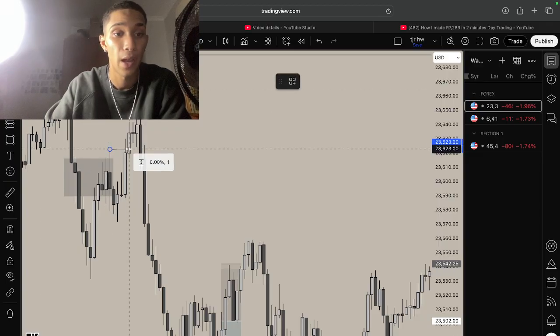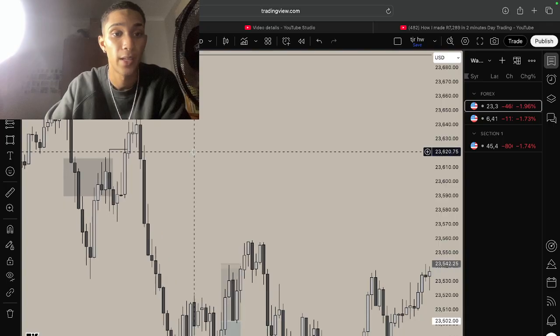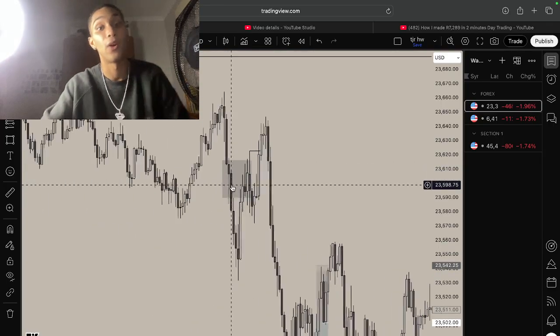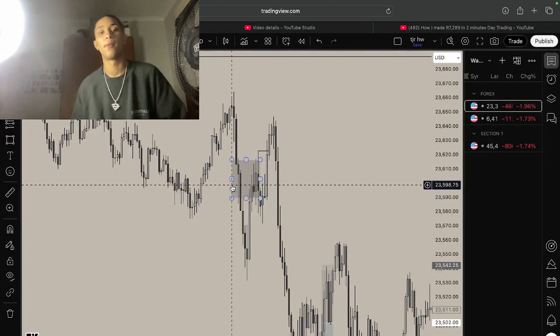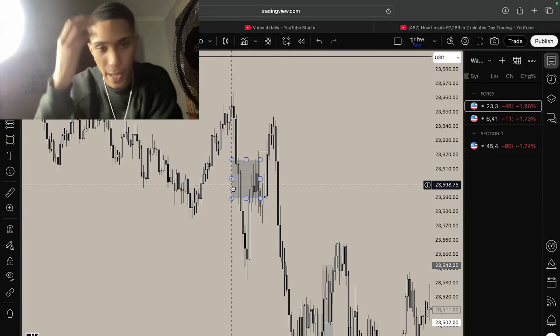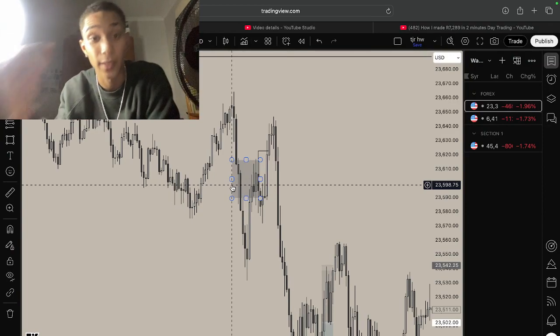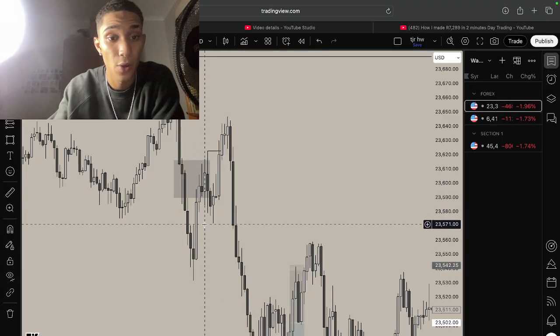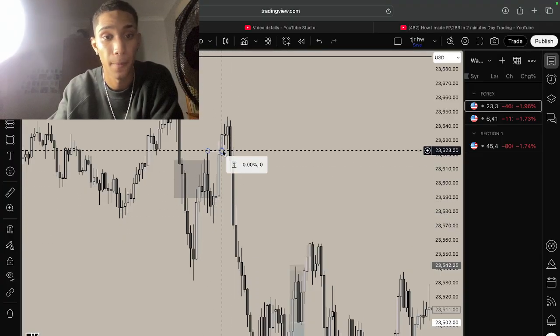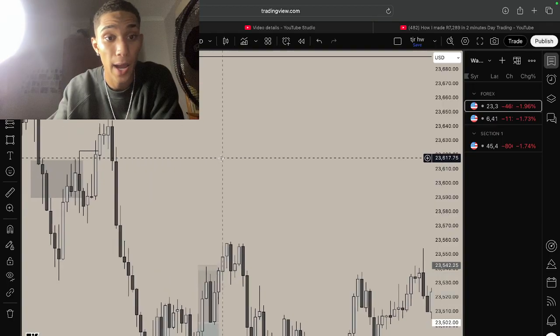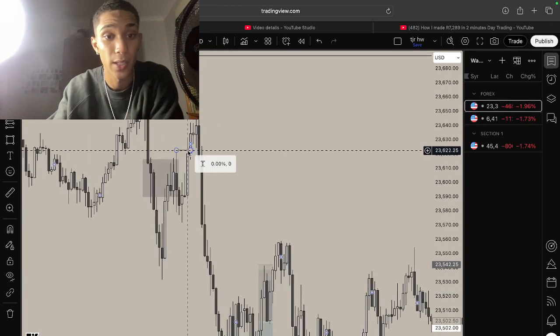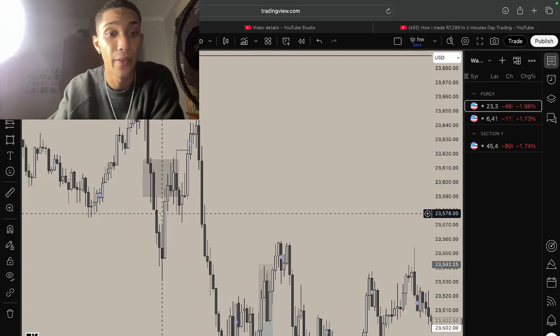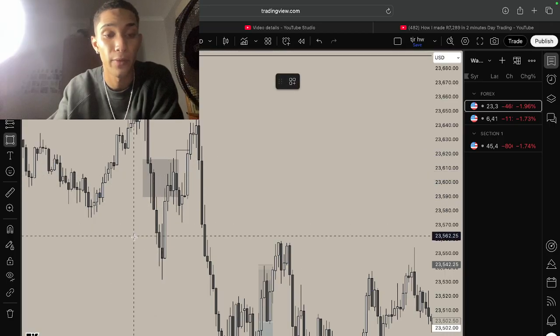Our PD array now becomes this 5-minute intermediate term high that got left behind inside the 5-minute gap. And I know it's weird, it doesn't actually make sense, but it's the case. Because either we flip this or we resweep the high. And if we resweep the high, that's where the liquidity is going to lie. It's not going to lie in this gap here or what we previously swept.